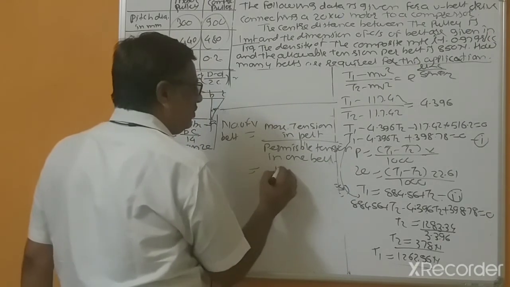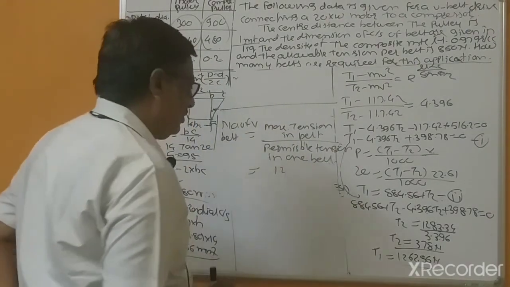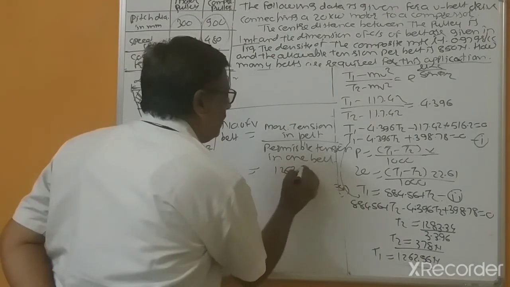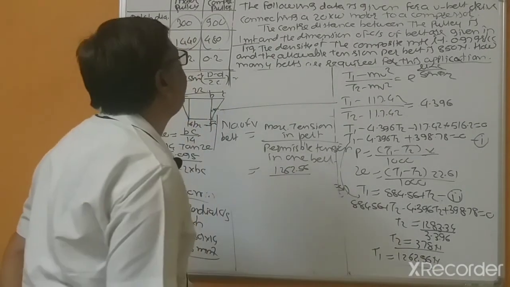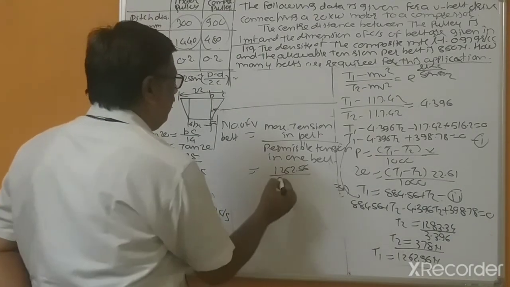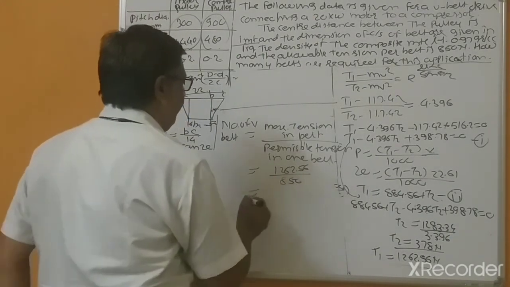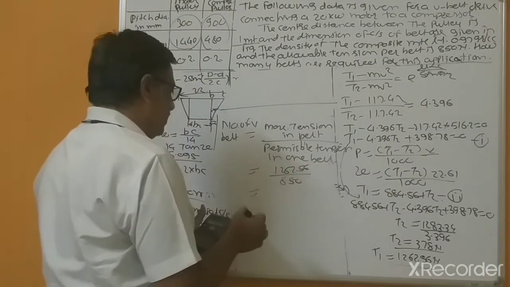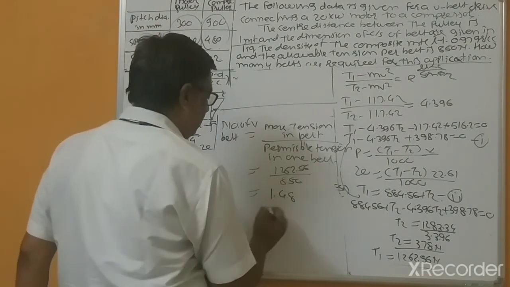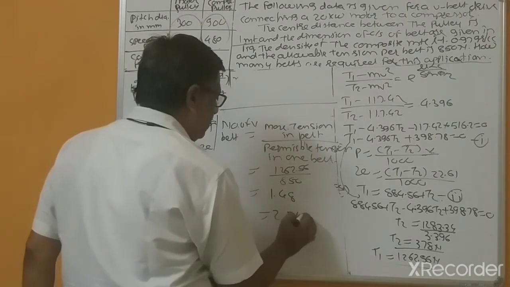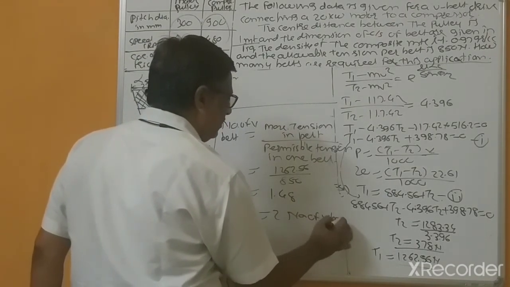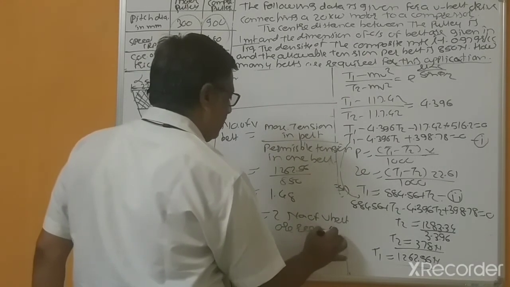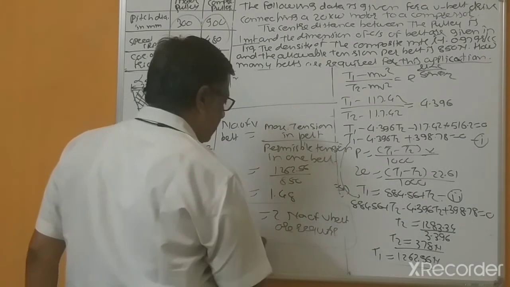This is 1262.56 divided by 850, that is equal to 1.48, means 2 number of V belts are required. This is your expected answer.